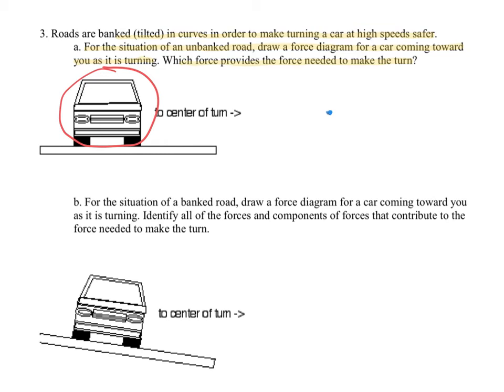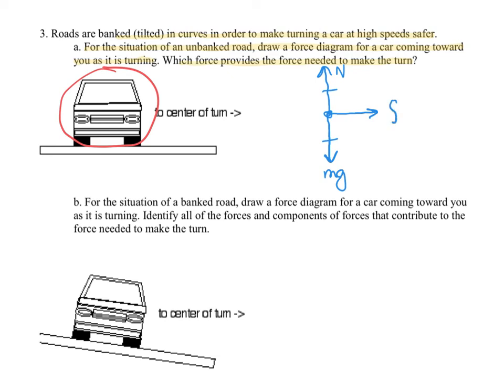I know the earth is acting down. I've got mg, and I've got the normal force acting up. There's no acceleration up or down, so those are equal. But it's making a turn, and I know there has to be a force directed towards the center of the circular turn, and that force in this case is friction.